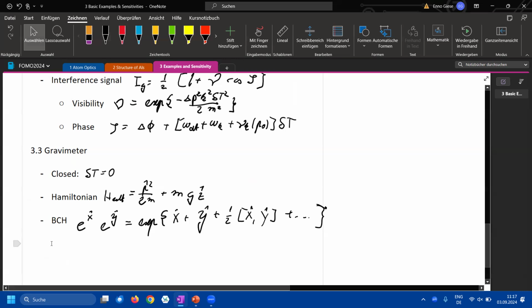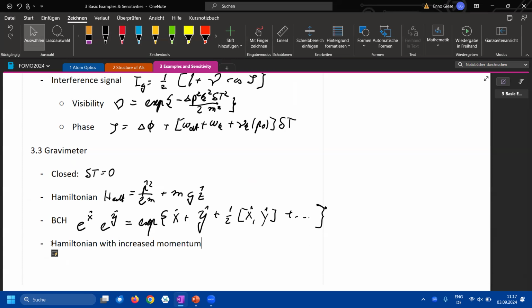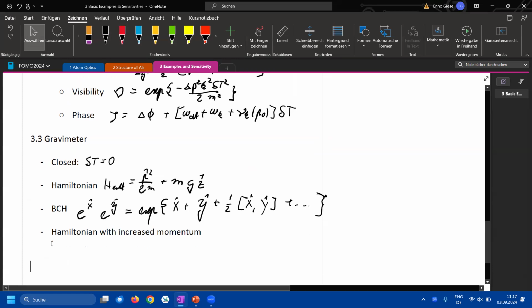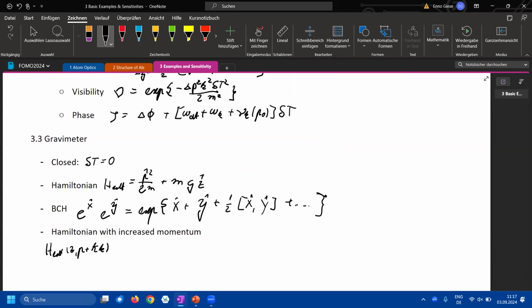And again, let's write down the Hamiltonian with increased momentum. We've done that already in some sense. So H external of Z and P plus h bar k, we just have to square the kinetic term.